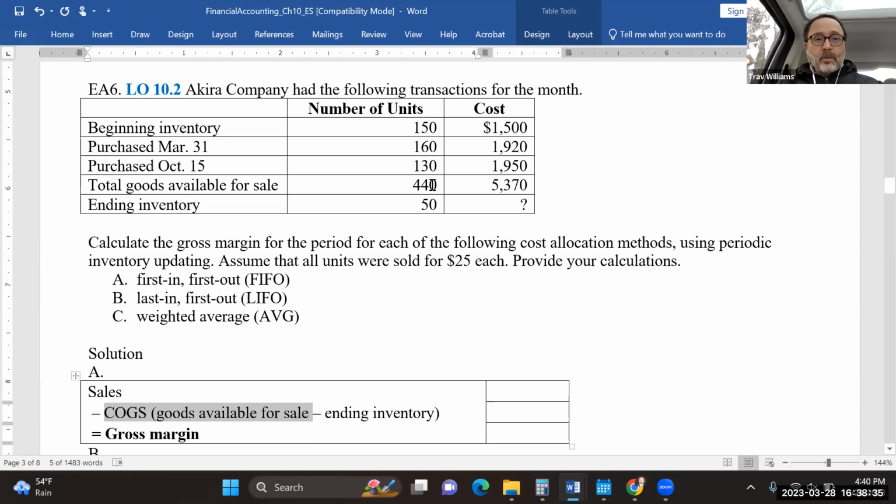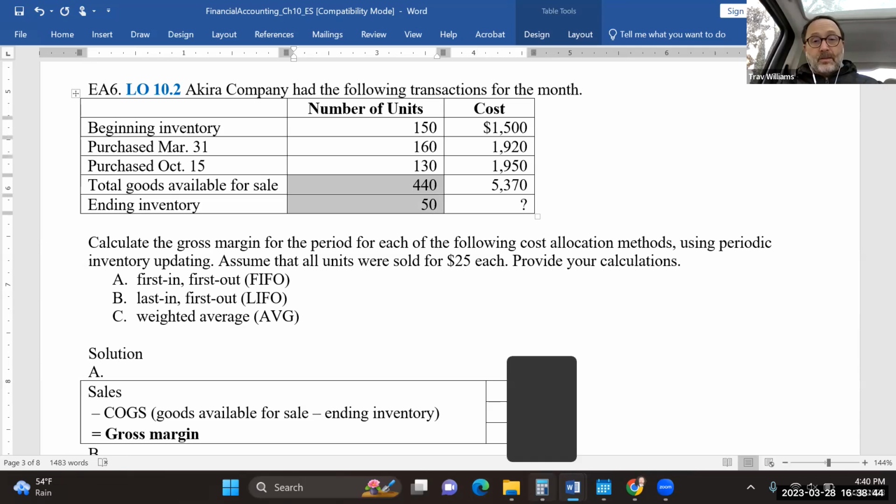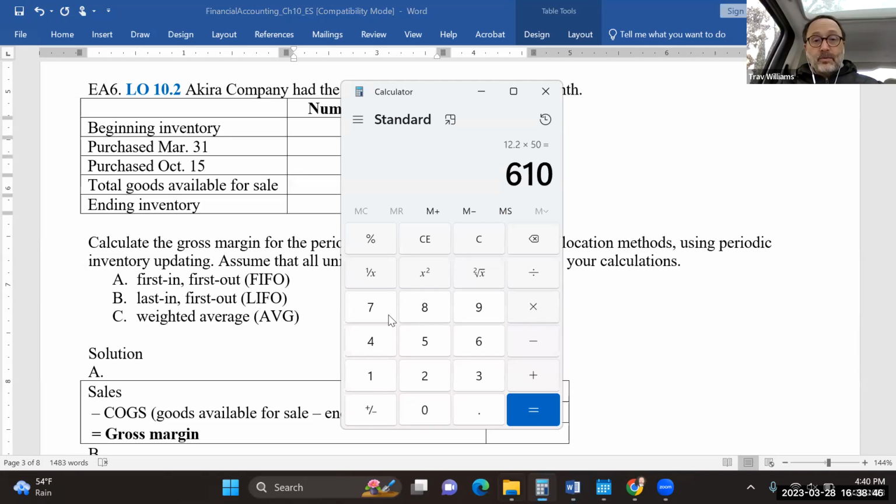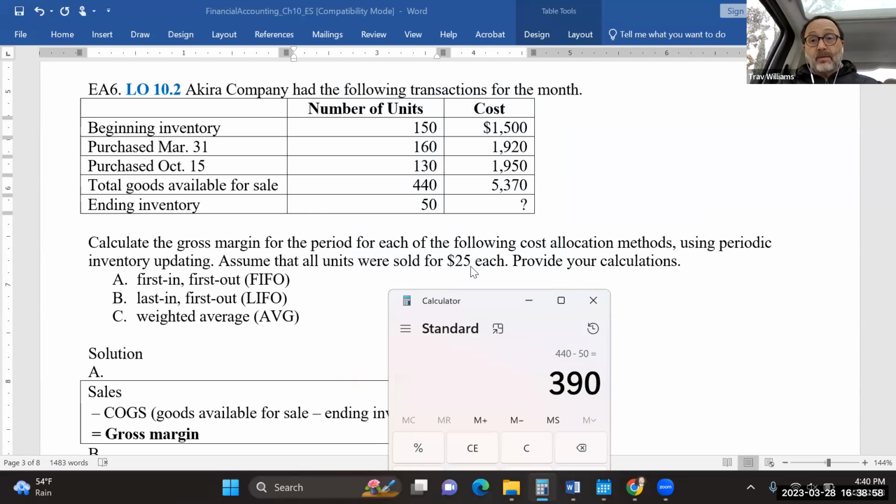We know that there were 440 units available, and we know that there were 50 in ending inventory that didn't get sold. So we could take 440 units available minus the ending inventory, and that tells us we sold 390 units. The exercise here tells us that the sales price was $25.